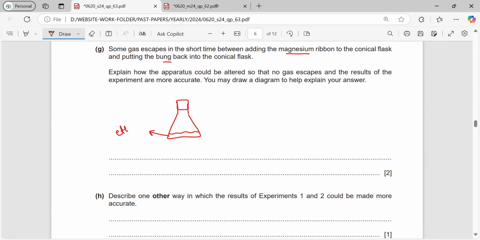This is ethanoic acid. We have ethanoic acid in the flask and we use a thread, with a test tube hanging inside, and the test tube has magnesium ribbon inside it.